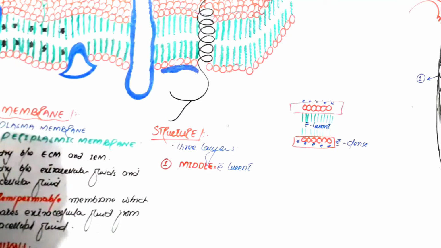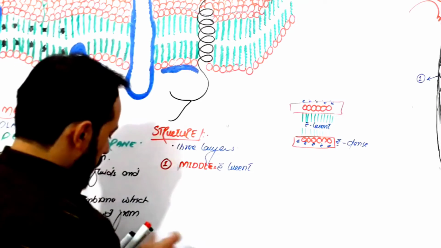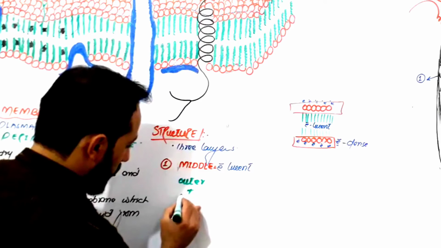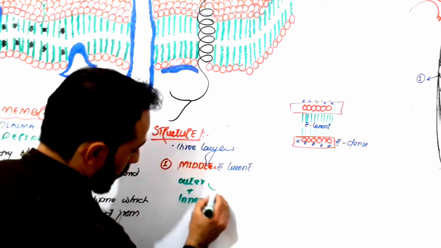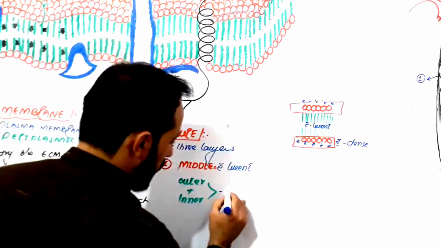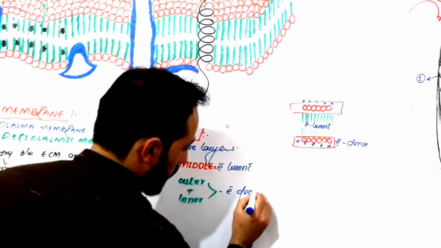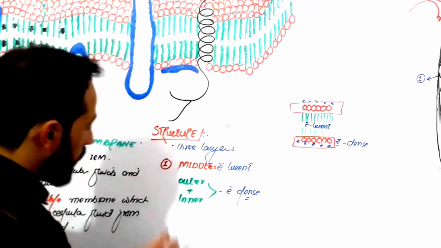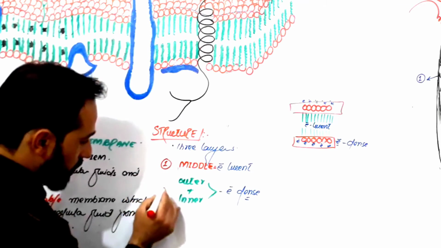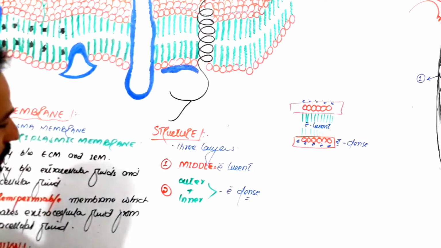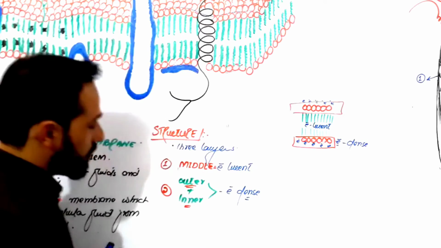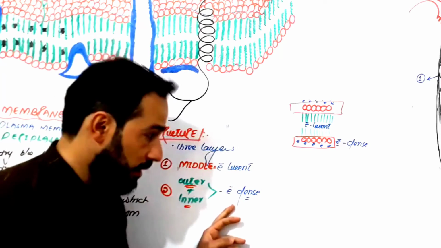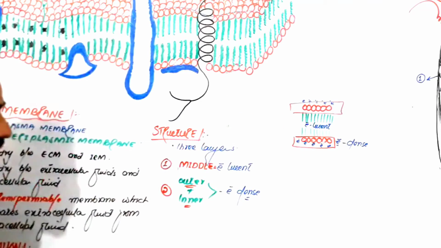Then the outer plus inner, those are electron dense layers. It means that they contain more electrons. So there are 3 layers: the middle layer, the electron lucent layer, and the outer and inner, which are electron dense layers. Okay, we will go further forward.